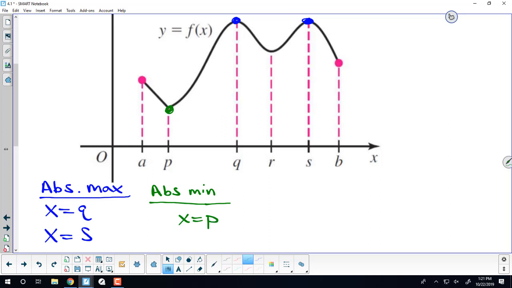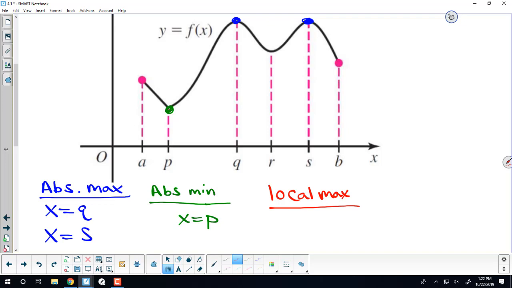Okay. How about the local max? At q and s.